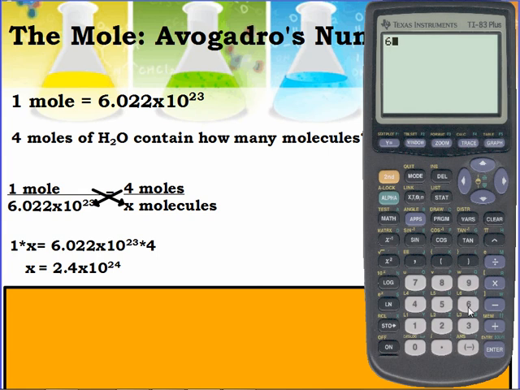Here we go. 6.022, second, comma, which gives us our E, to the 23rd times 4. Enter. My answer, 2.4 times 10 to the 24. It's identical, isn't it? These 2 8s here I'm going to consider negligible and just use what I'm given. We like to keep this one whole number in front of the decimal point.